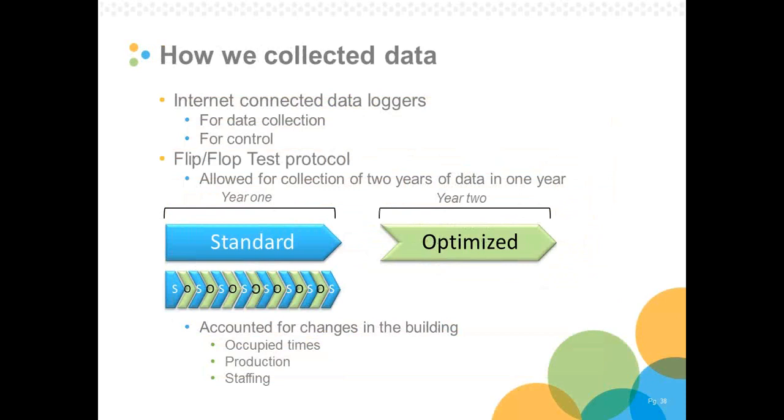And our internet-connected data logger was capable of doing the weekly switch between standard and optimized. As you can probably think about this, that required a lot more controls and hardware in order to facilitate that flip-flop testing, but it was well worth the money for us in that we were able to compress the time frame on getting that data collected.